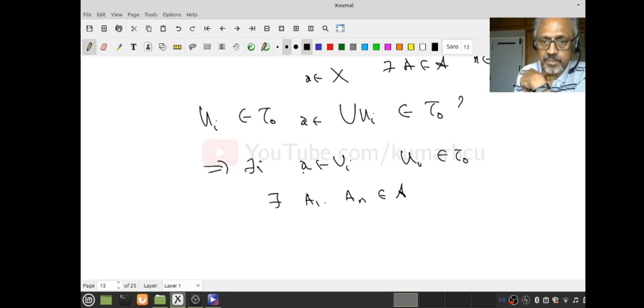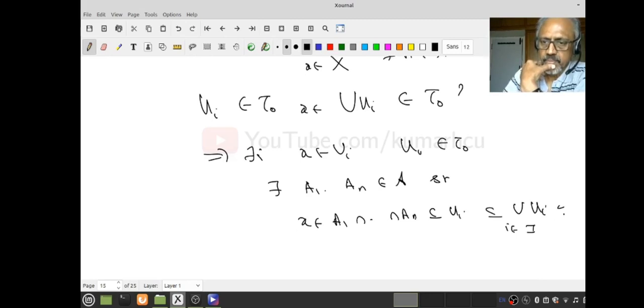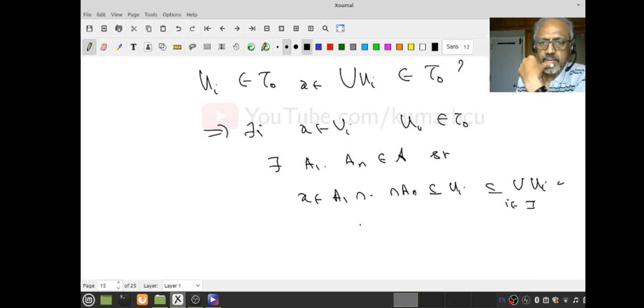You understand that? Depending upon X, the A's will also vary, and the number N may vary. So that X belongs to A1 intersection AN, that is contained in U_i. Therefore this is contained in the union of U_i, i in script I. So this is done.